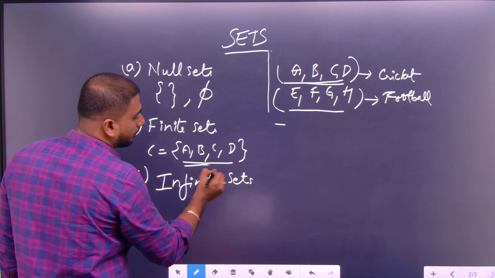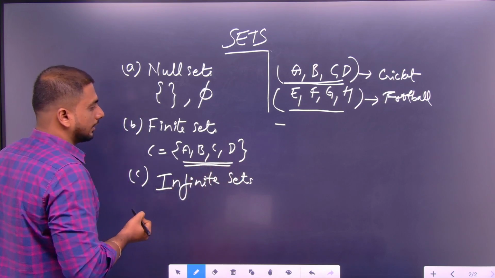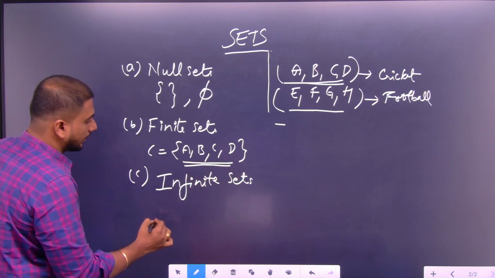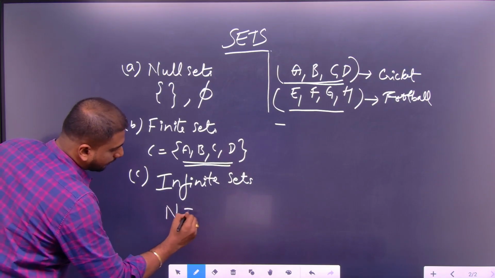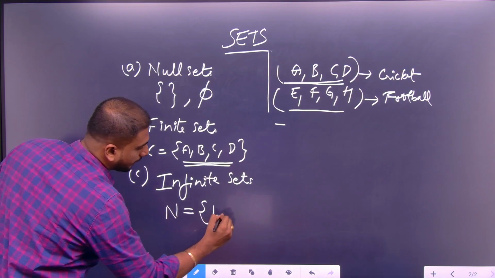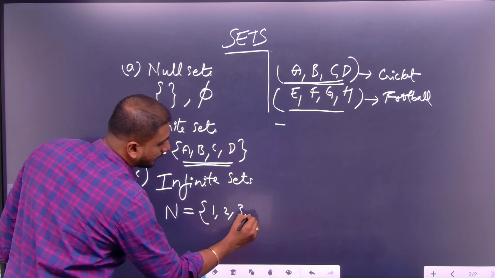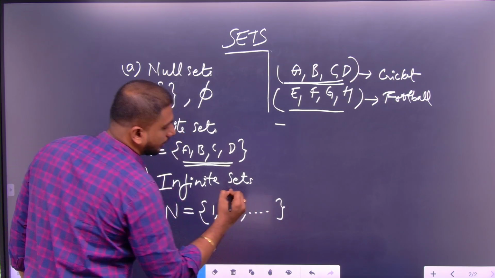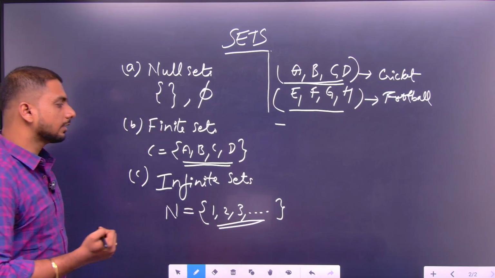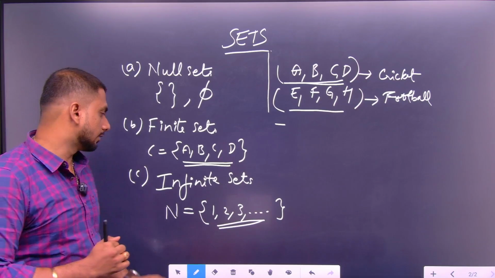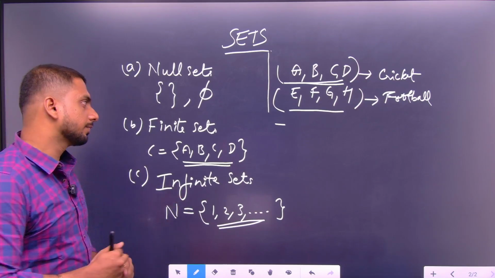When there is no fixed number of elements inside a set, it's known as an infinite set. Let's consider a set of natural numbers. It will start from 1, 2, 3 and so on up to infinity. So the number of elements inside the set is not defined. In this case, it is called an infinite set.